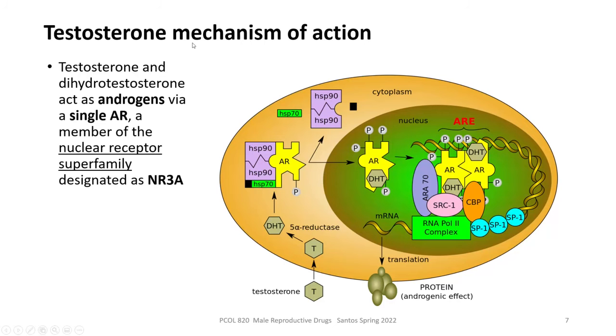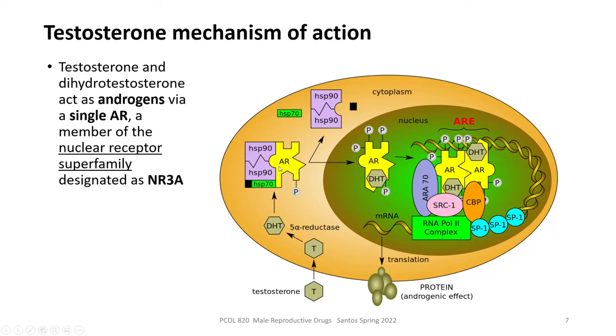So how testosterone works is a bit different from the estrogen receptor. If you remember, estrogen receptors are located inside the nucleus, so the estrogen has to cross the external membrane, go into the cytoplasm, and then into the nucleus. But the receptor for testosterone, the androgen receptor, is located in the cytosol of the target cell.